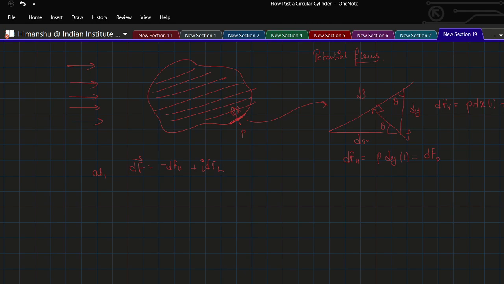We'll try to find this out. No need to apply the vector sign, and that is equal to minus p dy minus iota p dx.